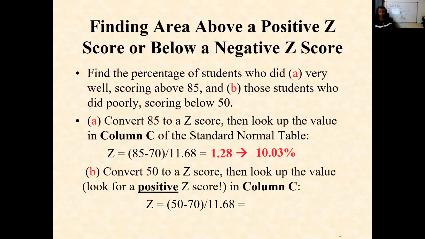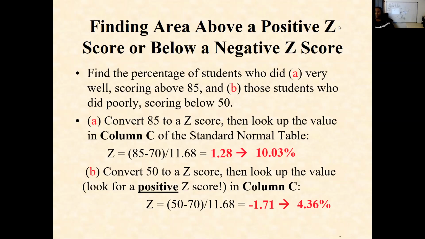Now, let's just say that you're doing it for 50. You're going to look into the C column for 50 as well, because you want to know below 50. So the area beyond 50. So you take 50 minus 70, it's going to give you negative 20. You're going to divide it by 11.68. And you're going to get negative 1.71, which obviously the negative denotes that it's below the mean. And then the percentage that you're going to see there, well, you're going to see a proportion of 0.0436.